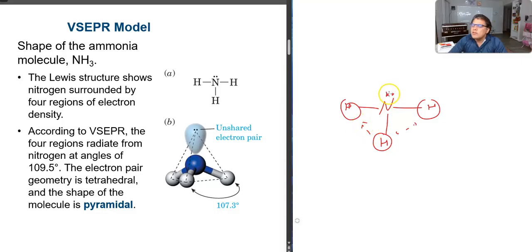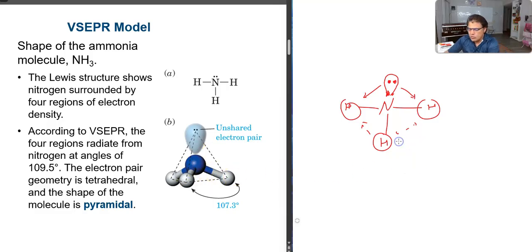Now let's write down the lone pair as a balloon structure, since it is not really a physical object. We just denote it by a balloon. What will happen? This balloon also repels that, right? These two electrons also repel these two. So ultimately, this structure will form a pyramidal structure.